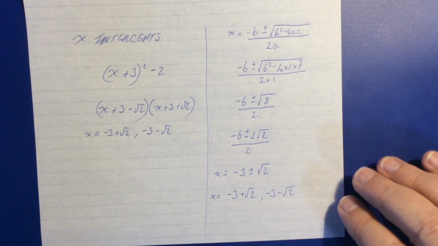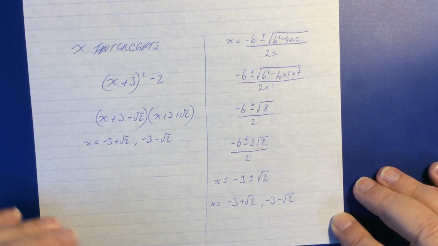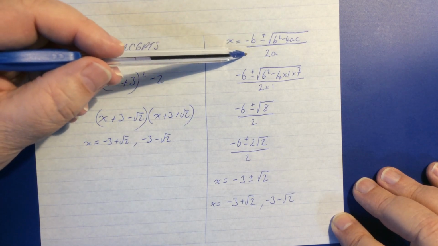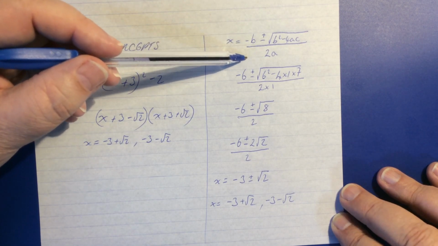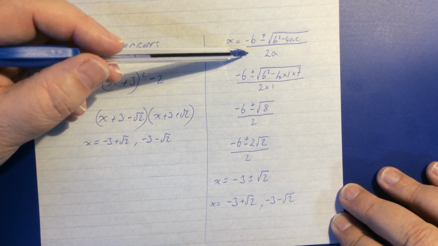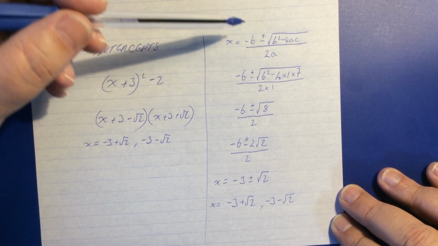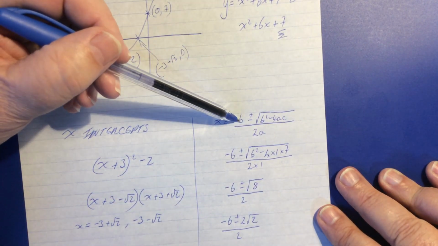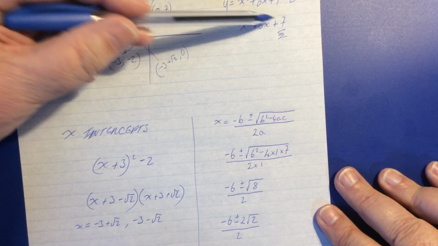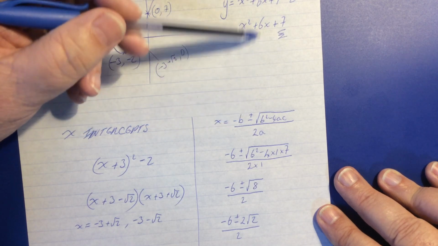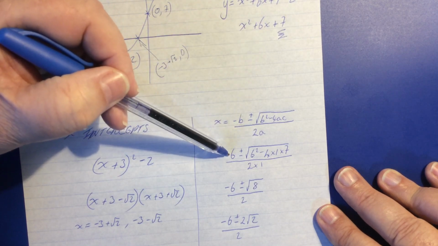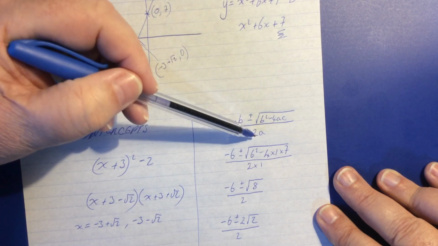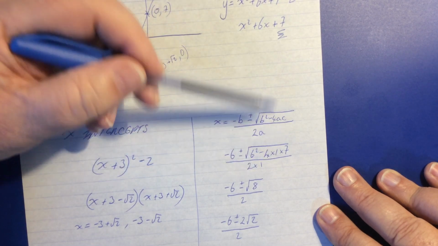Now, if that was deeply mysterious to you, you can use the quadratic formula, which is this. There's a separate video on this. I simply put in the values a, b, and c from this equation. B is 6, so it's negative b, so negative 6. A is 1, so that's 2 times 1.